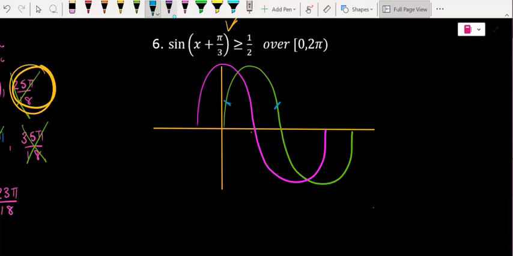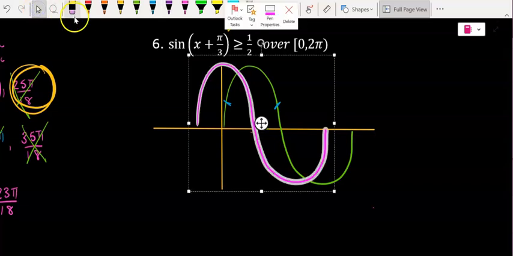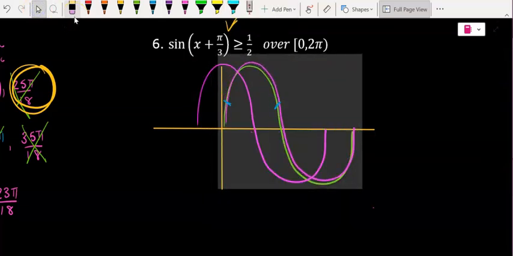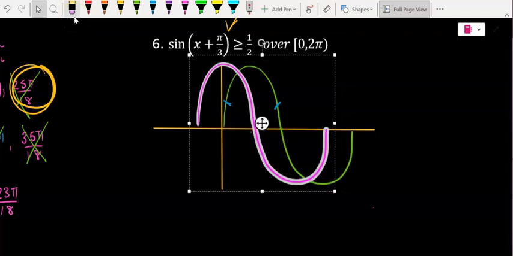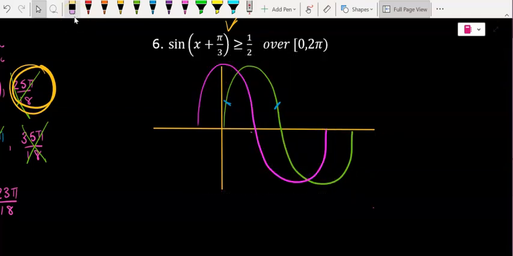Those two locations here, when I shift my graph left, they went from there, and you can see now at least one of those is no longer going to be a viable option.